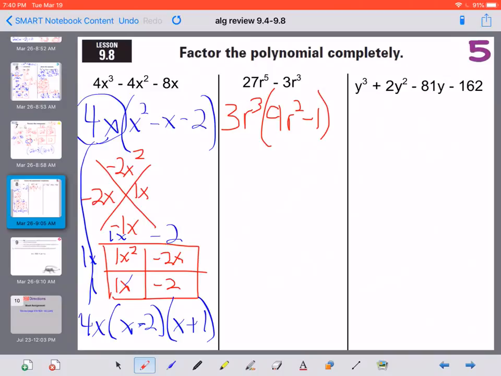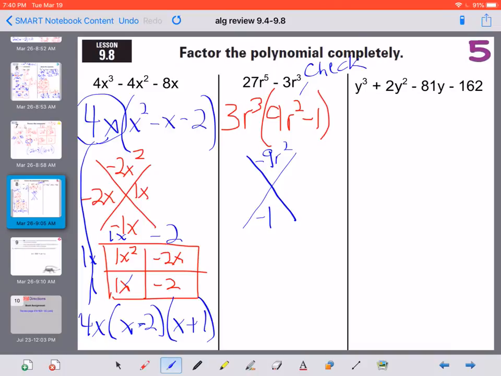So now if I'm going to factor this, I have to check it because I have a squared here. If you have a squared, you need to check it to see if you can factor it anymore. So I'll have a negative 9r squared, a negative 1.